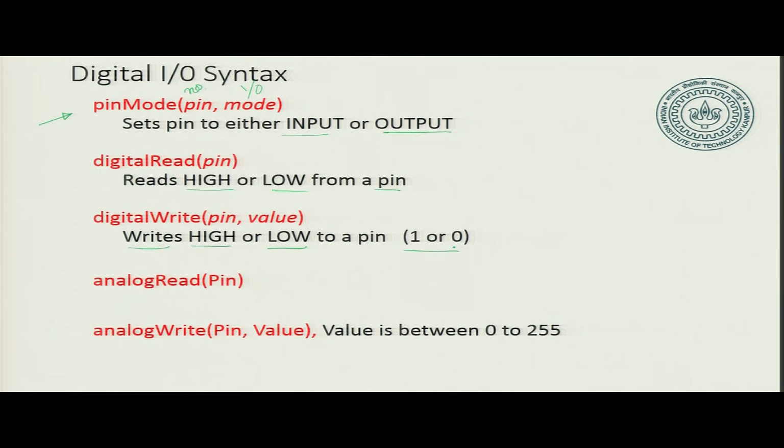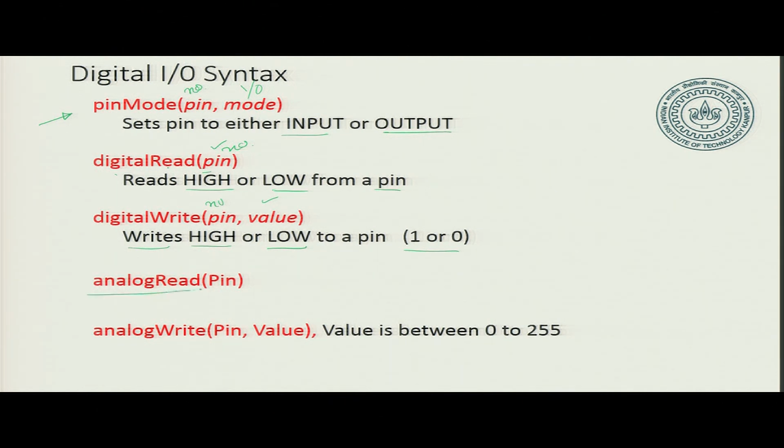So, digitalRead simply takes a pin number. That means it understands that you are reading whatever information is coming onto that pin. digitalWrite takes the pin number again and the value here. So, this means you are digitally writing to that pin and you are giving that particular value.